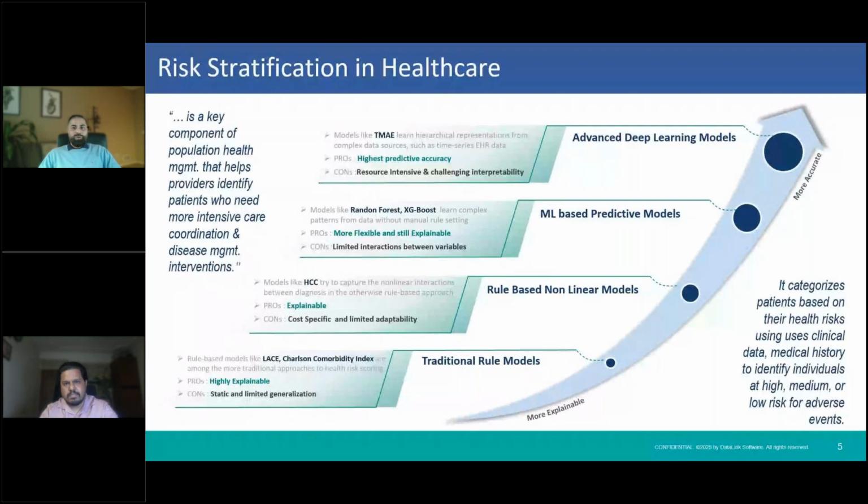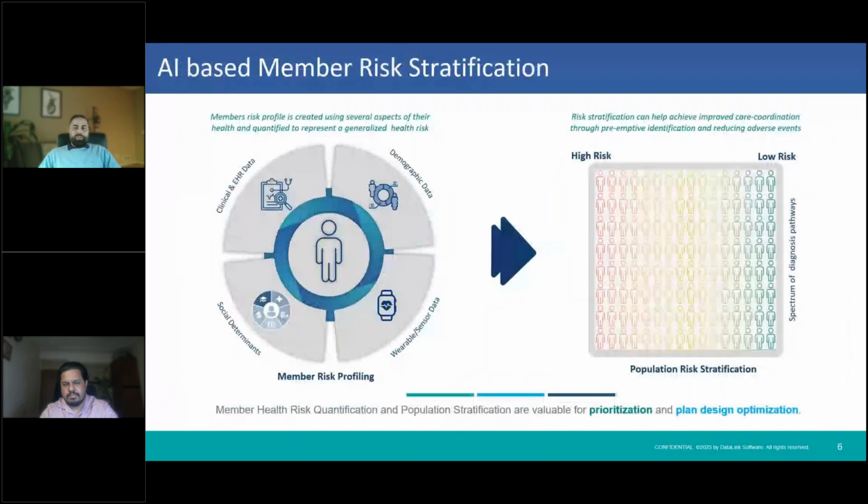So, just moving on. Risk stratification helps us categorize patients into different risk tiers. What we discussed about the high, medium, and low, there could be multiple categories further given into it, emergent, or it could be more complex, and so on and so forth, allowing providers to focus on who they need to see and where they need to spend more attention.